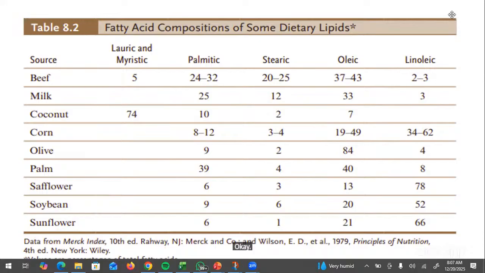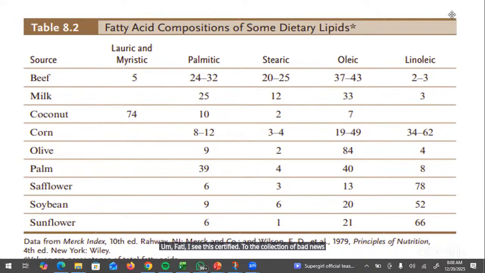Okay, so let's do a quick review. We can use the opportunity to wait for others to come online. In our previous online lecture, we talked about triacylglycerol, where you have the glycerol backbone and fatty acids esterified to the glycerol backbone.